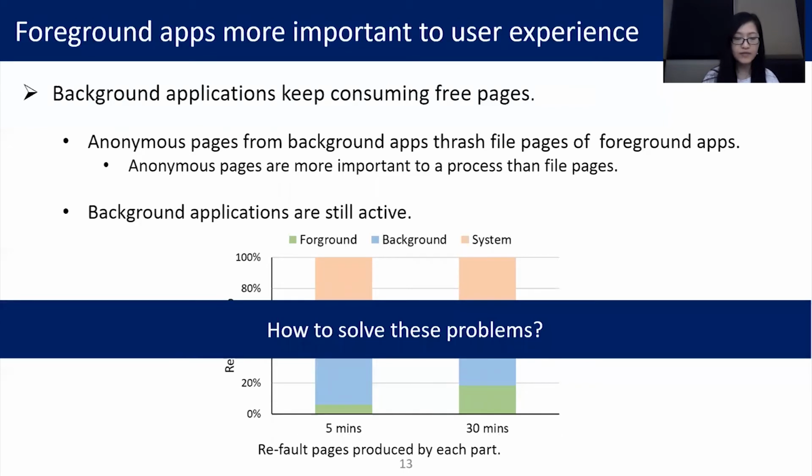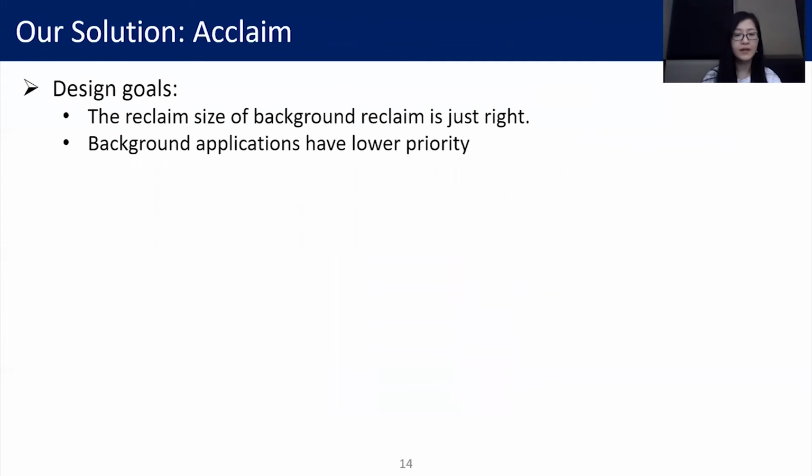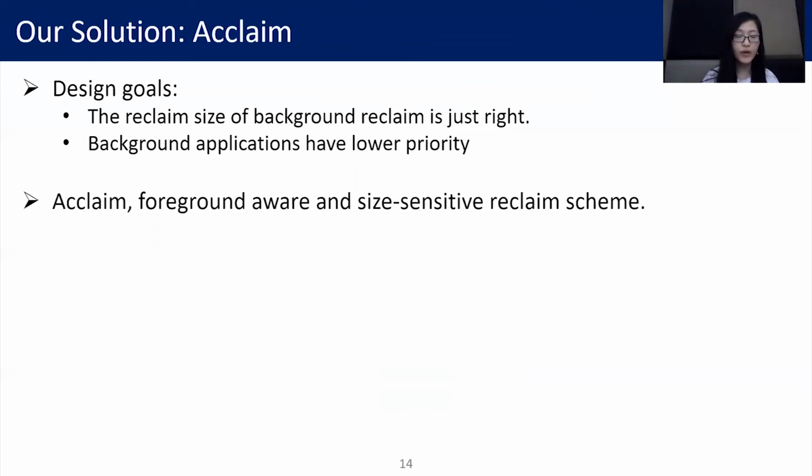How to solve these problems? Based on the above analysis, we know there are two goals for the memory reclaim scheme on Android mobile devices. Thus, we propose Acclaim, a foreground-aware and size-sensitive reclaim scheme. It includes two parts, which target the above two problems respectively.